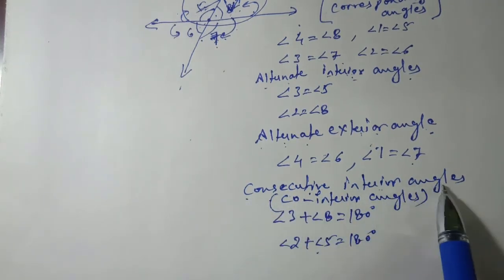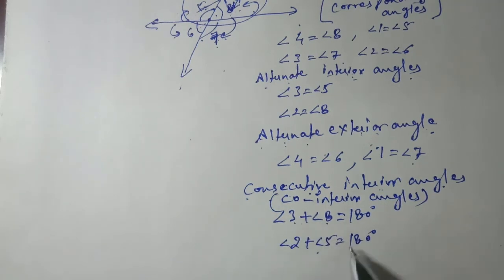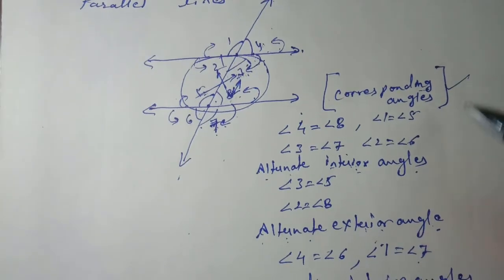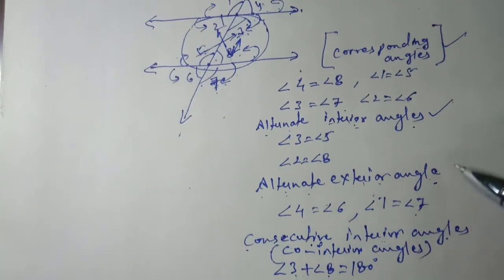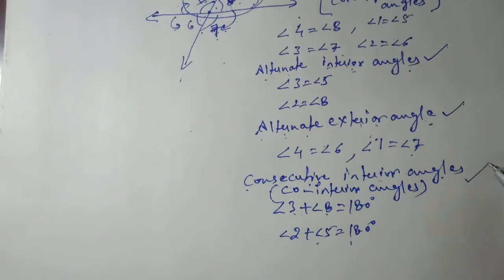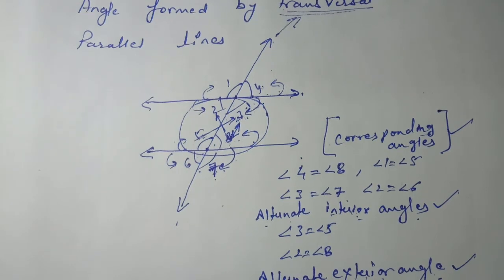In consecutive interior angles, the pair always has the sum equal to 180 degrees. So these are the four types of angles formed by a transversal on parallel lines: corresponding angles, alternate interior angles, alternate exterior angles, and consecutive interior angles.